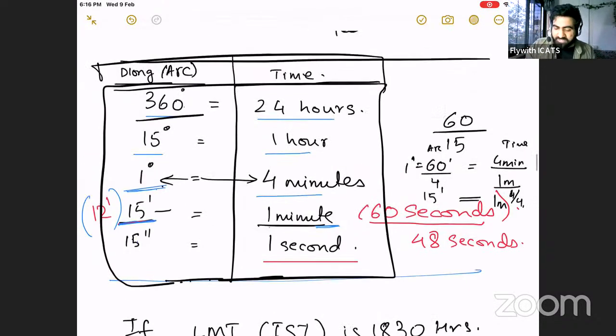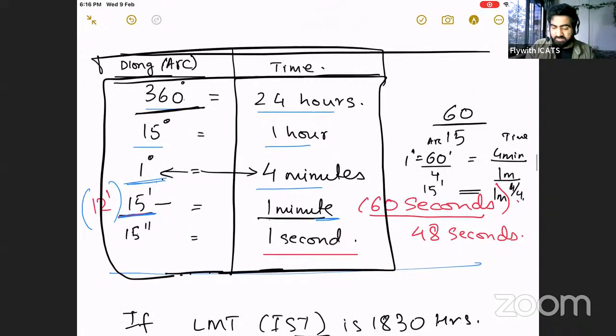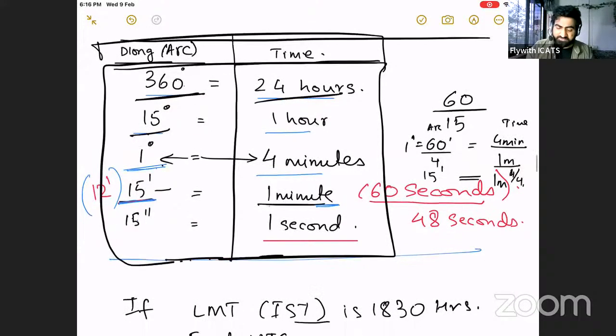All that we know is that the sun takes 24 hours to make one complete apparent rotation around the earth, or revolution around the earth, the apparent. So using that figure, I have just divided 360 by 24, I get 15. The same I have again divided and further divided, and I've got these values.